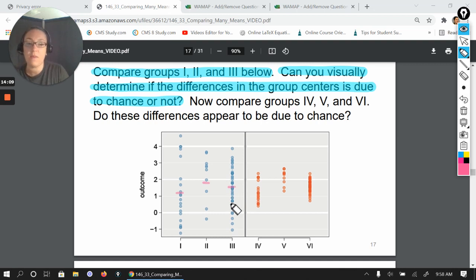This is just me guessing, using just visual cues to notice where the balancing points are. Because the balancing points in this side of the graph are fairly similar, we would probably fail to reject the null hypothesis for whatever this is measuring.